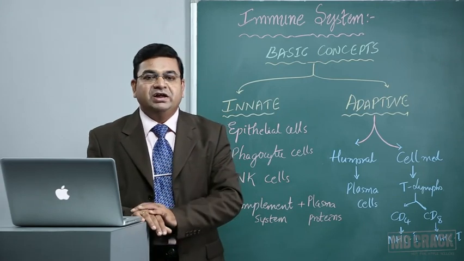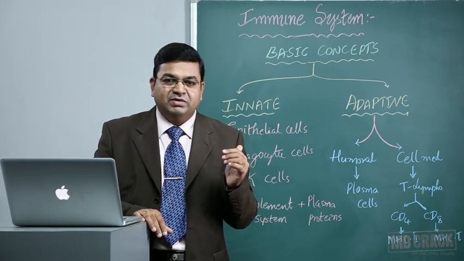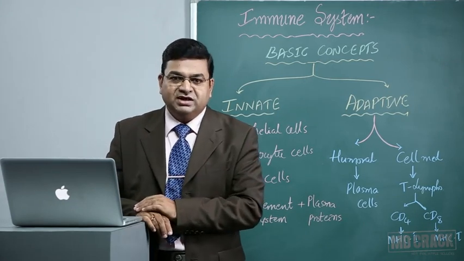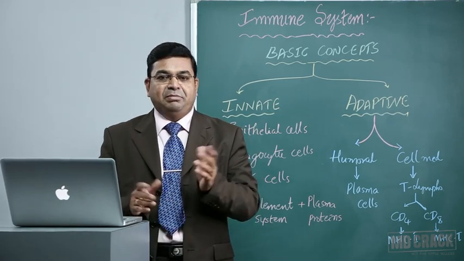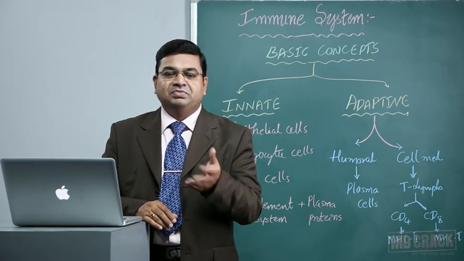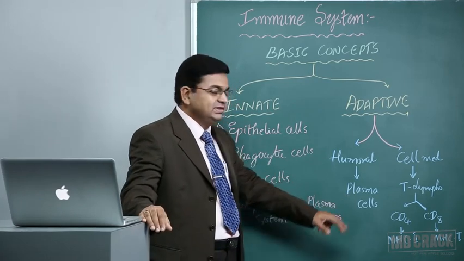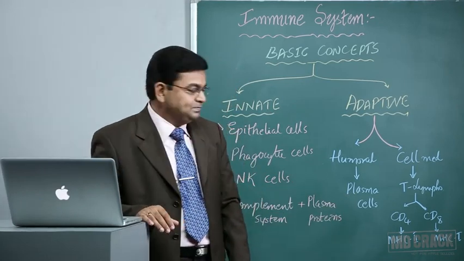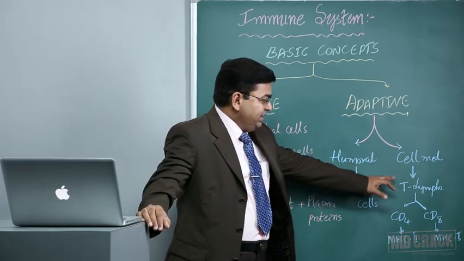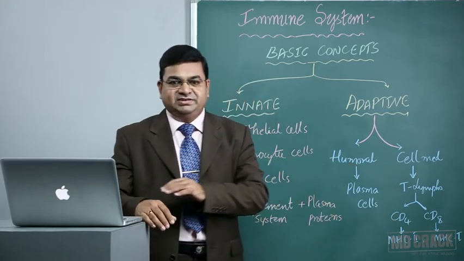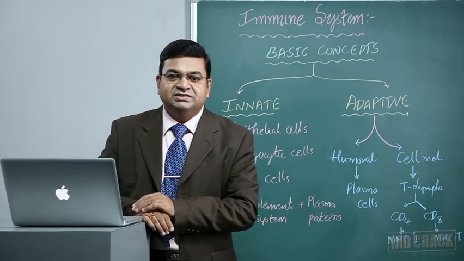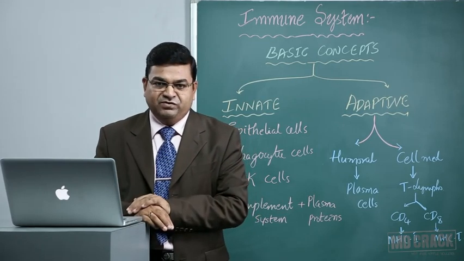It's nothing but a modified B lymphocyte. They secrete the immunoglobulins or antibodies: IgG, IgM, IgA, IgE. So they are the different antibodies secreted by the plasma cells. Cell-mediated immunity is mainly composed of T lymphocytes. There are two subsets of T lymphocytes, CD4 and CD8 T lymphocytes.